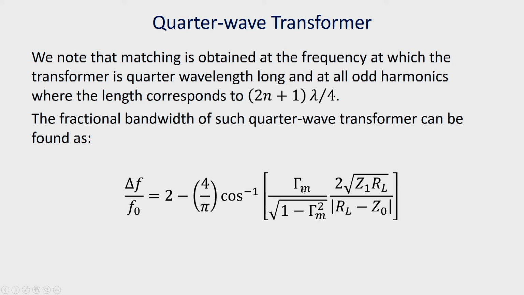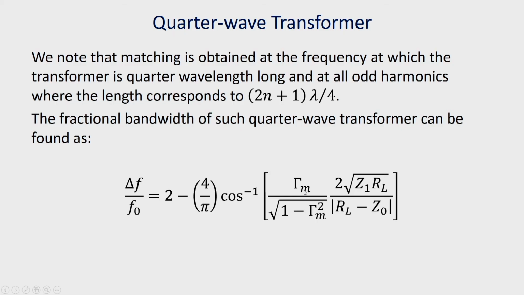Here this gamma m is the maximum value of the reflection coefficient that we are ready to accept, and depending upon this gamma m, the fractional bandwidth is given by delta f divided by f naught.